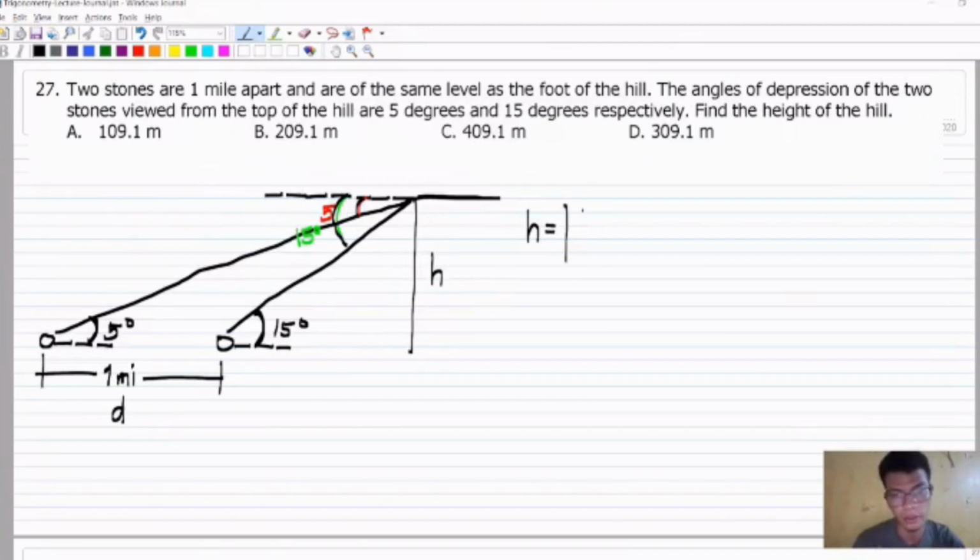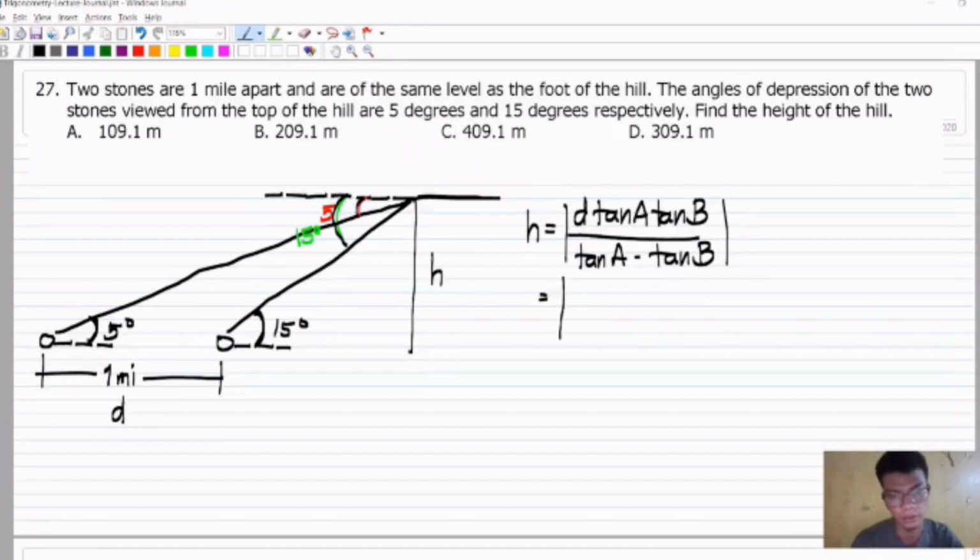So, the value of h, sige, ilista ulit natin yung formula. That is d tangent A tangent B all over tangent A minus tangent B. Absolute value of 1 mile, tangent 5, tangent 15 over tangent 5 minus tangent 15.